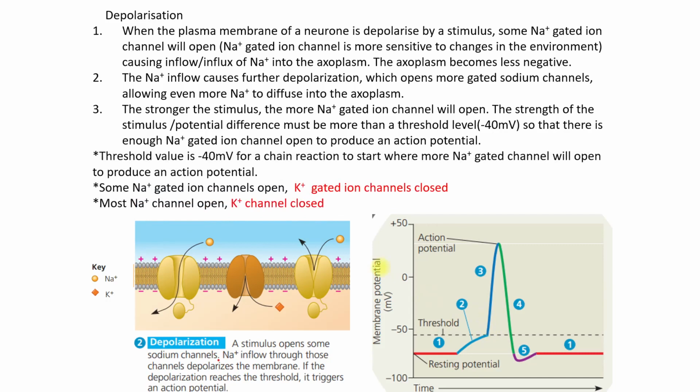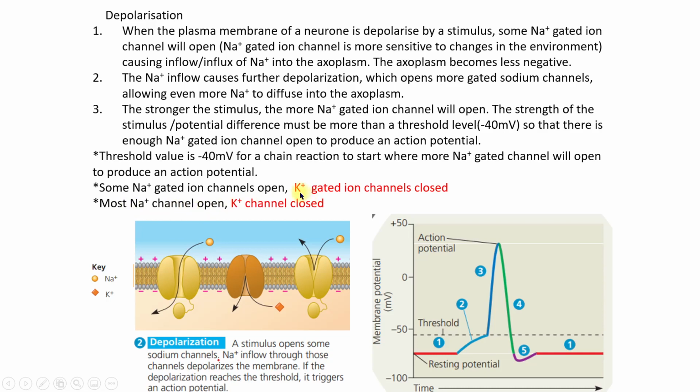To simplify this, the threshold value is negative 40 millivolts for a chain reaction to start, where more sodium ion gated ion channels will open to produce an action potential. To summarize, in depolarization, only some sodium ion gated ion channels are open, but most sodium ion channels are open.